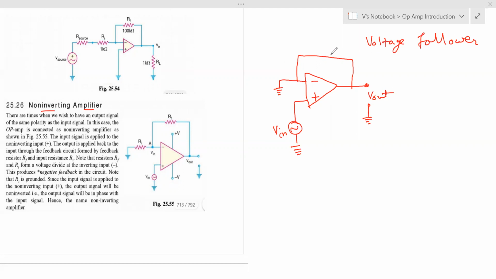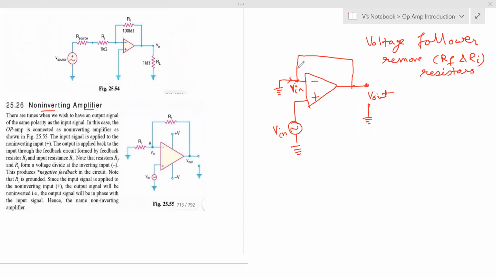What we have done is removed the RF and Ri resistors. Now in that case, what will be the equation of gain? This Vin again comes here, the same voltage due to the virtual ground concept. Here we have Vout. There is no resistor.